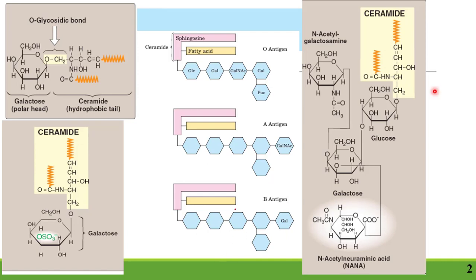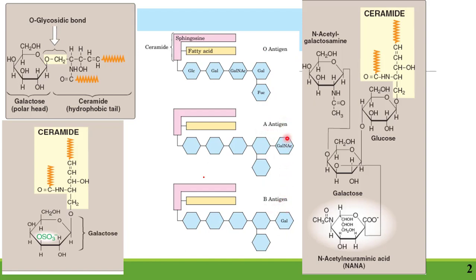Okay, again, you can see the structure of different types of glycosphingolipid. The ceramide and galactose produce the galactocerebroside, and you can see the structure of our blood group antigens: O antigen, A antigen, and B antigen.